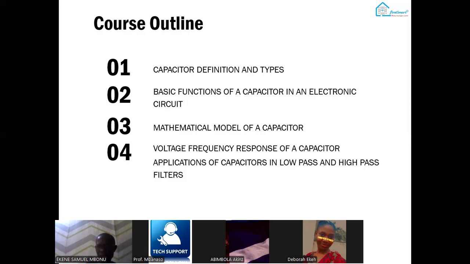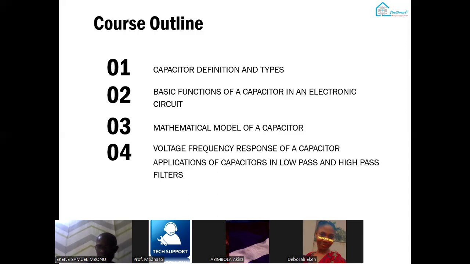Capacitor is a bit wide. Then understanding of mathematical model of a capacitor will help somebody to appreciate the function of a capacitor both in AC and DC circuit. Then voltage frequency response of a capacitor will help us see that at high frequency, the impedance of capacitor will reduce.